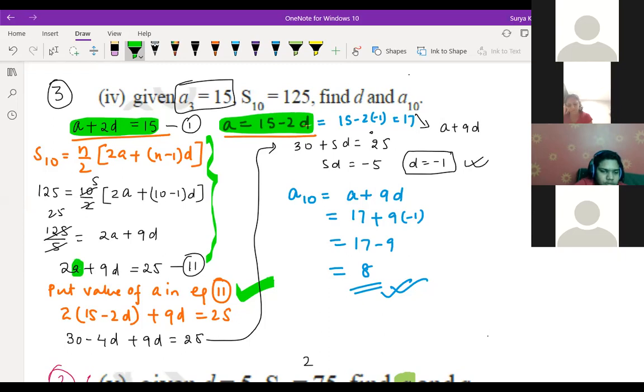Instead of A, we are putting 15 minus 2D. Understood? Yes, sir. You multiply 2 inside, you will get 30 minus 4D plus 9D is equal to 25. Then you can solve this and you'll get the value of D.